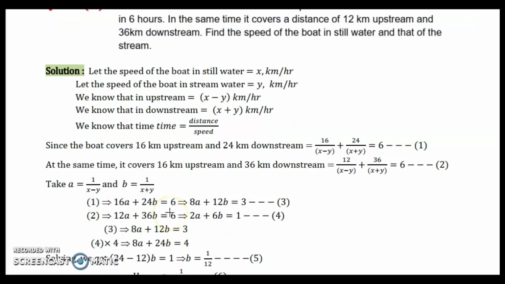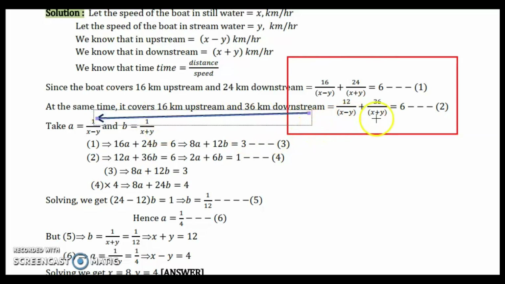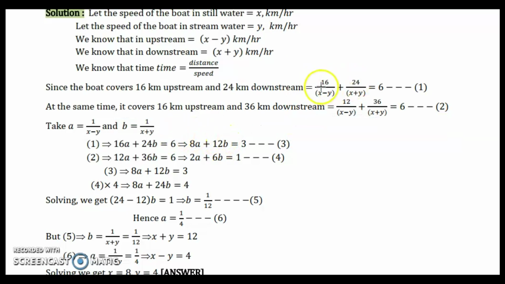Now we have two equations here. Naturally we have to solve these two equations. What is our conventional method? Take a equal to 1 by x minus y and b equal to 1 by x plus y. Now convert these equations: 16a plus 24b equal to 6, and in the same context 12a plus 36b is equal to 6.